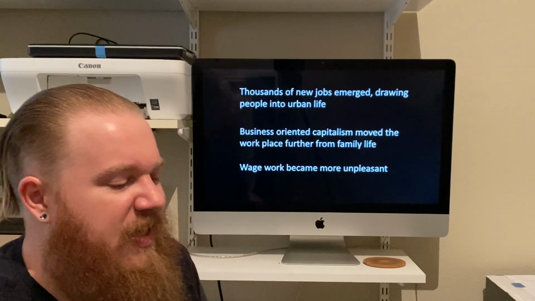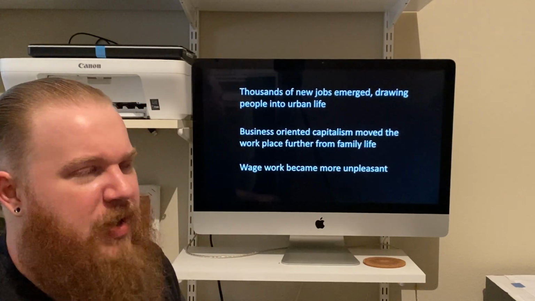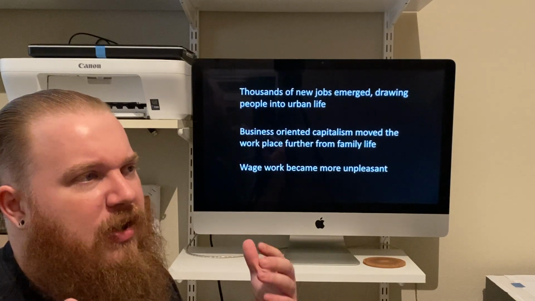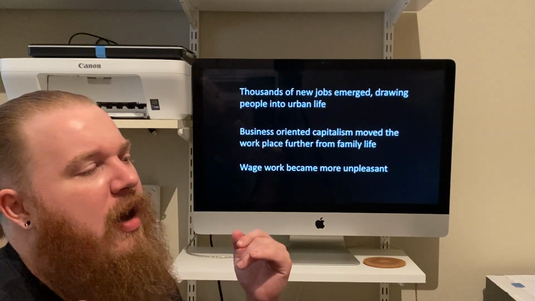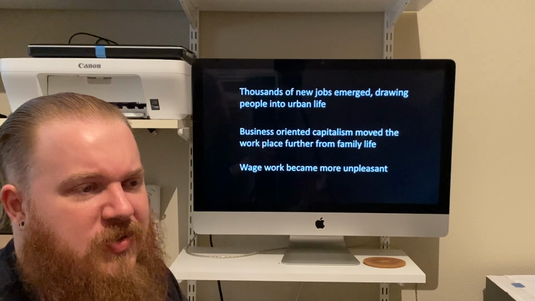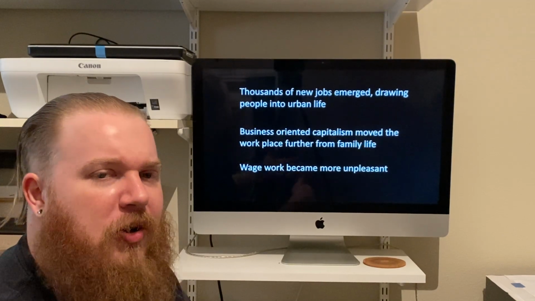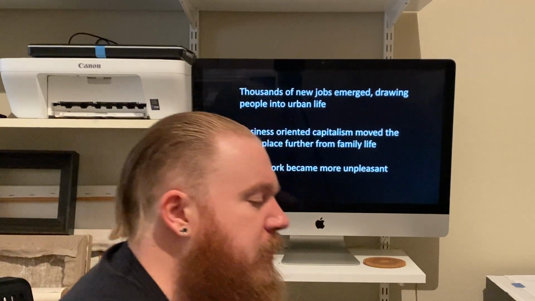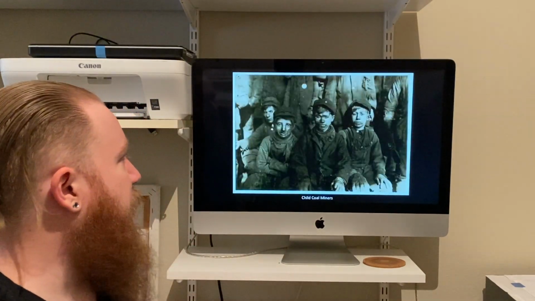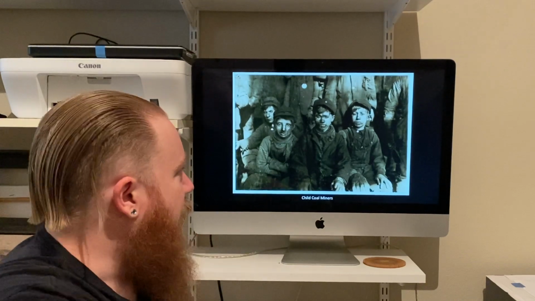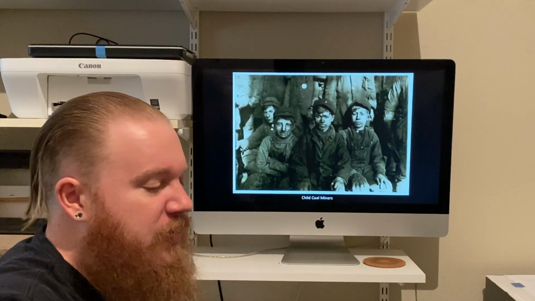But we also see that wage work tends to become more unpleasant. It's during this time that we see a lot of large scale use of child labor, things like that. But we also start to see social causes that begin to champion workers' rights. Obviously it's during this period that we've got large scale use of child labor. Here we have several child coal miners.